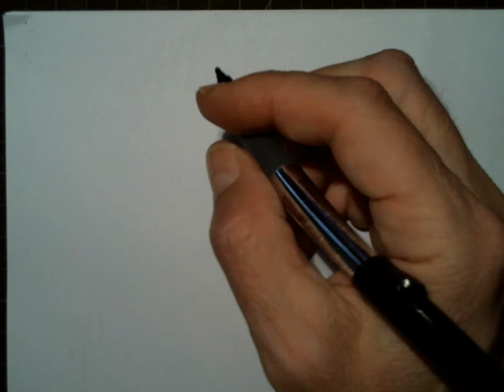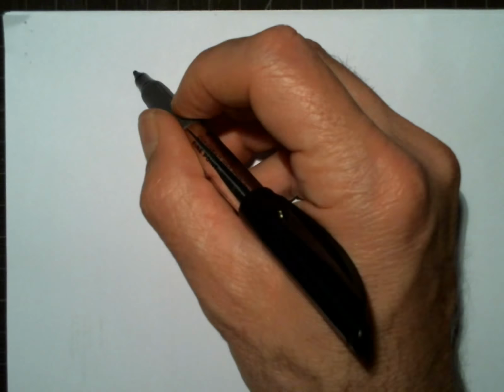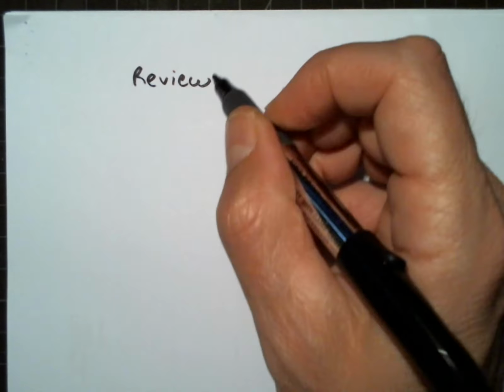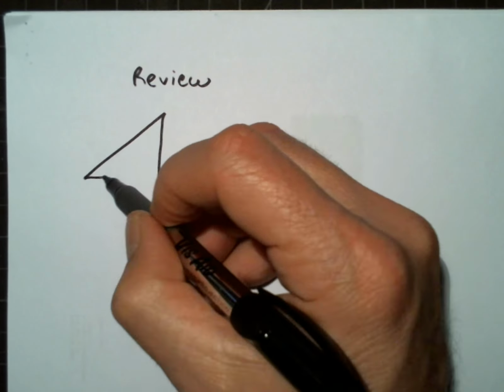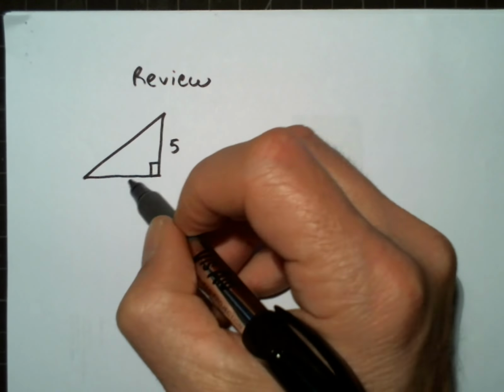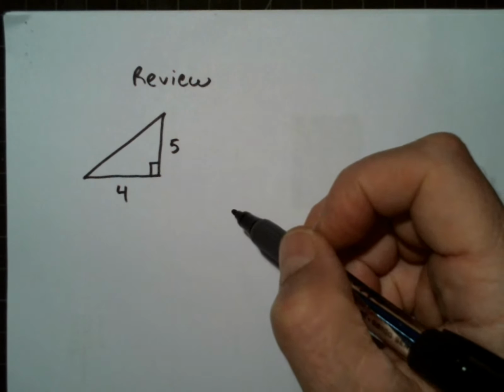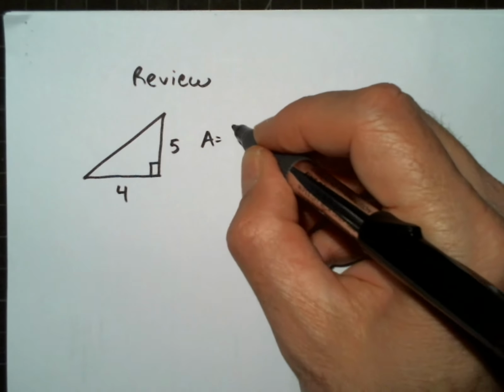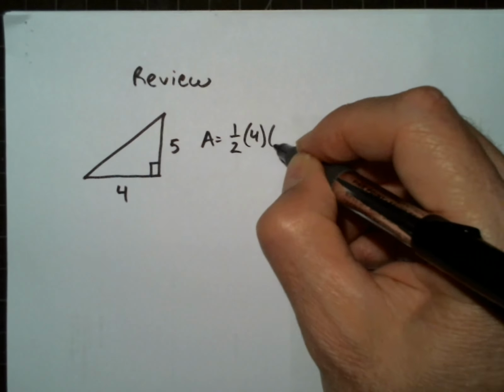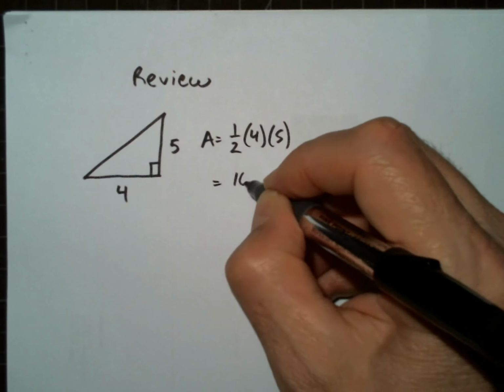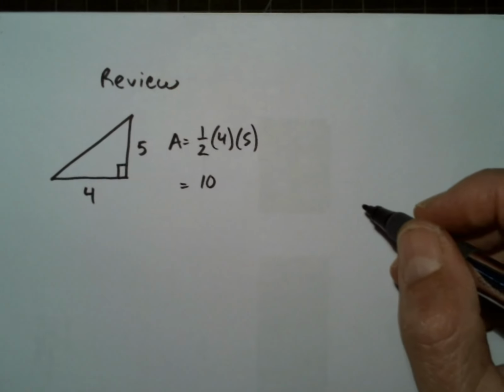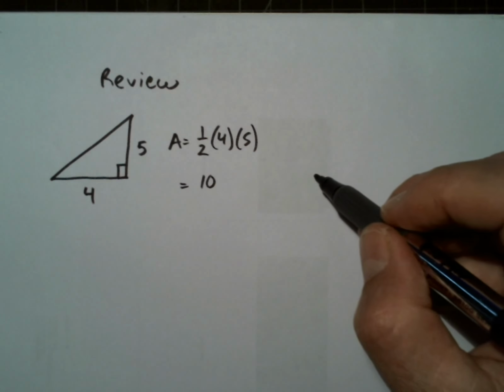And let's look at the area formulas. If we have a right triangle, the area is 1/2 base times height. If we don't have a right triangle, we just have to find the height.